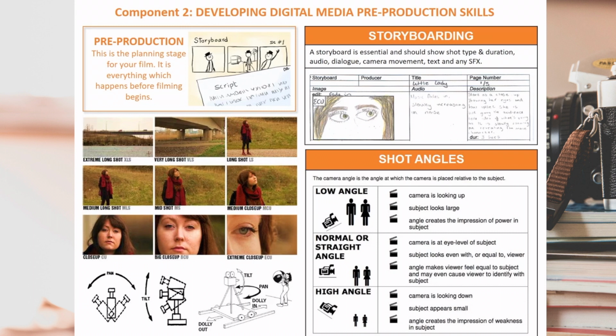Here we have the example of creating a video, a short film. In the past, we have done things like creating web pages and creating animations, for example, for web pages.